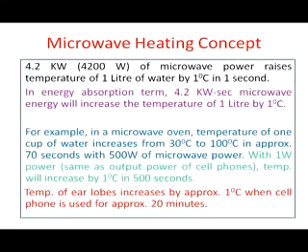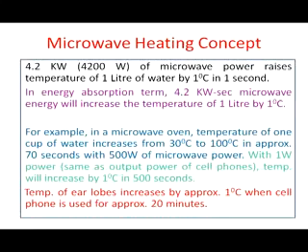So 4.2 kilowatt-second of microwave energy will increase the temperature of 1 liter by 1 degree centigrade. For example, in a microwave oven, the temperature of 1 cup of water increases from 30 degree centigrade to 100 degree centigrade in approximately 70 seconds. That means in 1 second, the temperature goes up by 1 degree centigrade. That is from 500 watt of power.